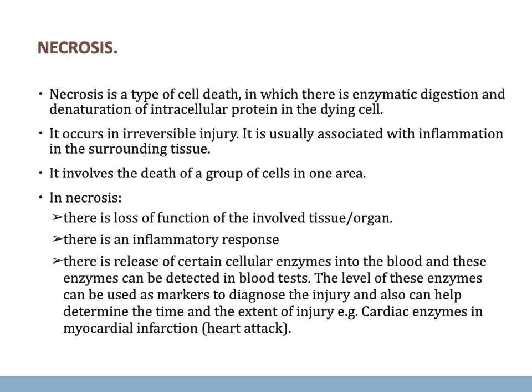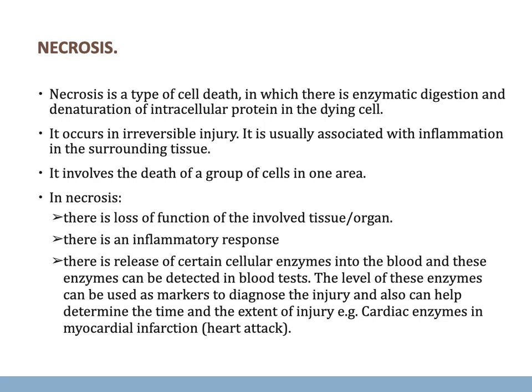Necrosis does not just happen to a single cell. It happens to multiple cells in the area. Of course, because this is a type of cell death, there is always a loss of function of the involved organ. And as mentioned, the leakage of substances causes inflammation and the migration of WBCs into that specific area.